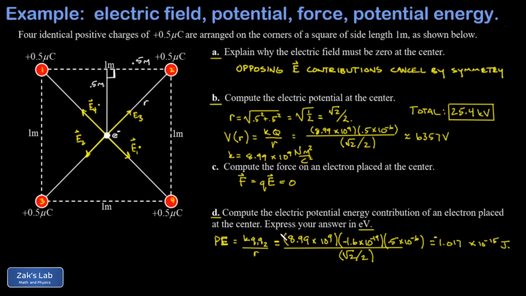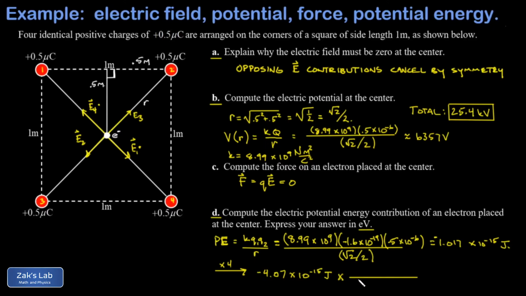Now there's also potential energy associated with the electron's interaction with each of the other 3 charges. So we need to quadruple this result. To 3 sig figs, we get negative 4.07 times 10 to the negative 15 joules. Now we want to convert this to electron volts. And remember, an electron volt is the energy of an electron sitting at 1 volt potential, or I could say it's the amount of energy change of an electron moving through a 1 volt potential difference.